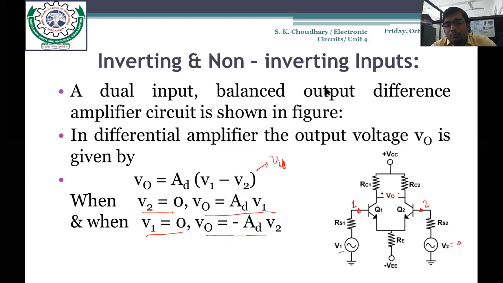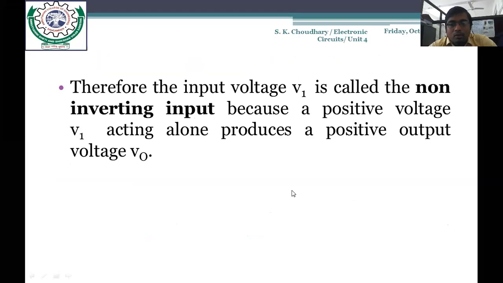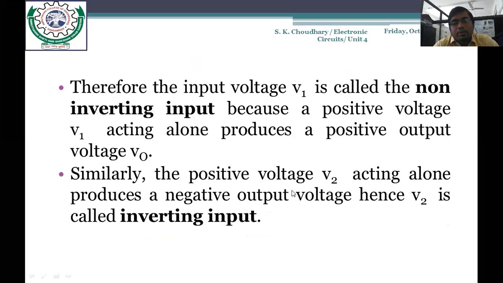It is very simple from the polarity of these signs. You can see here when your V2 is 0, V0 is equal to plus AD V1, meaning obviously V1 is a non-inverting terminal and V2 is inverting. So in this case we have learned that the input voltage V1 is a non-inverting terminal because positive voltage V1 acting alone produces a positive output voltage, and similarly a positive voltage V2 acting alone produces a negative output voltage.